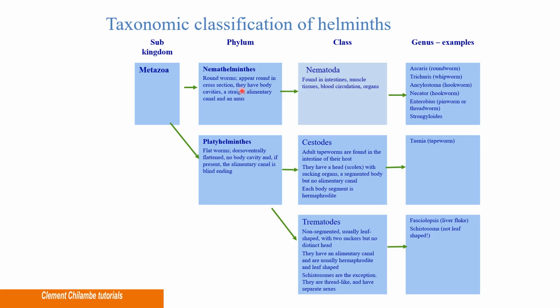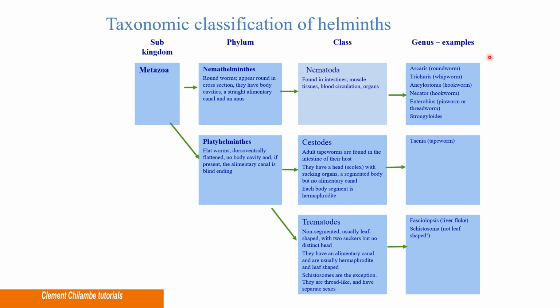So these are roundworms, number one. That's what makes them different. They appear round in cross-section, they have body cavities, and they have a straight alimentary canal and an anus. An example of a nemathelminth is Nematoda as a class, found in the intestines, the muscle tissues, the blood circulation, and also what?